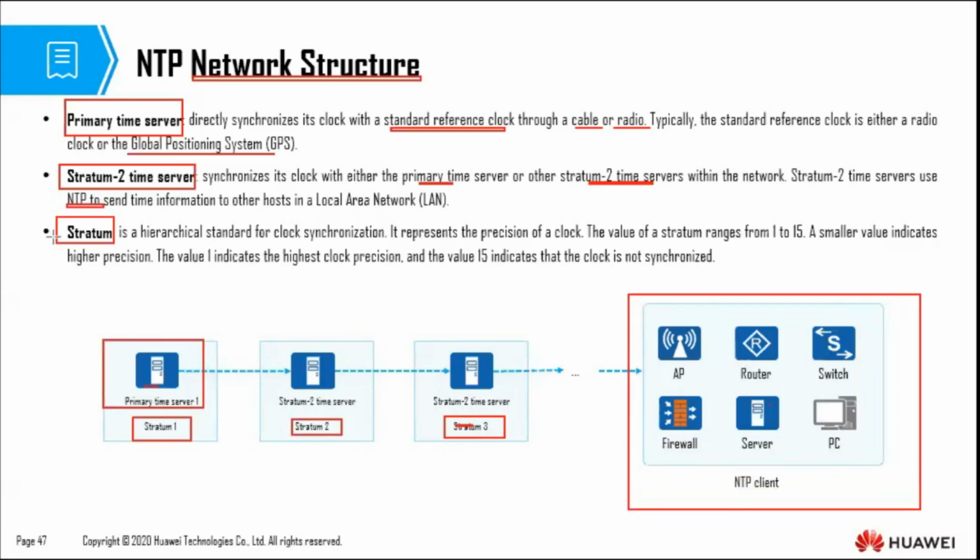That's what we call a stratum, a hierarchical standard for clock synchronization. It represents the precision of a clock. The value of a stratum ranges from 1 to 15. A smaller value indicates higher precision. So the value 1 indicates the highest clock precision, and the value 15 indicates the clock is not synchronized.